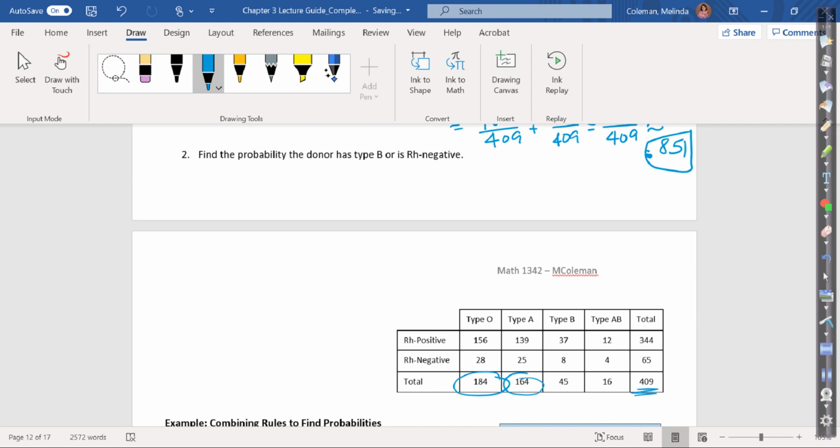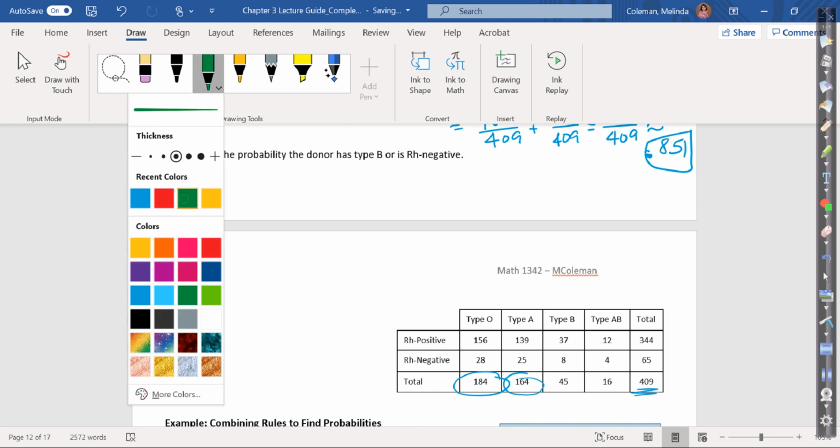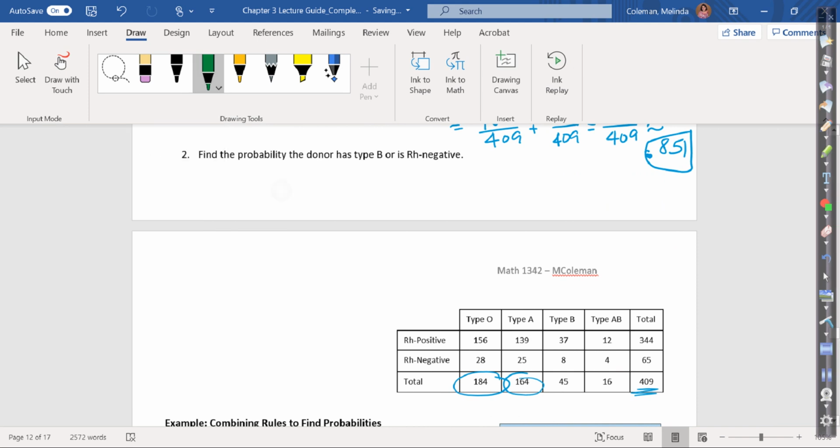Find the probability that the donor is type B or Rh negative. So B or Rh negative. Can you have a person who is B and Rh negative? And the answer to that would be yes.